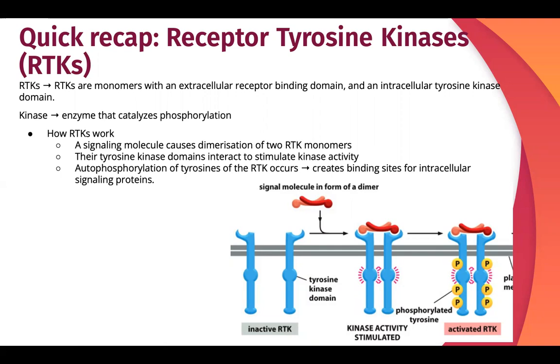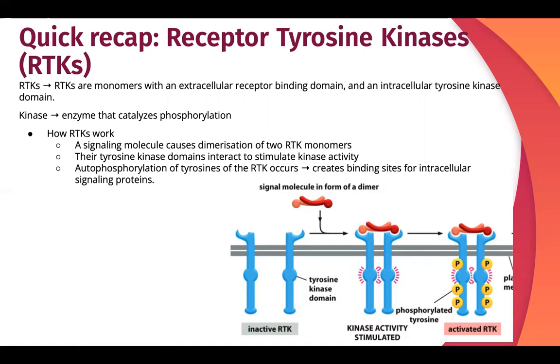And so RTKs form a dimer. So if you can see here, we have the signal come in. I'm sorry, I'm circling on 2 laptops right now. So we have the signal come in, and the 2 RTK monomers form a dimer.